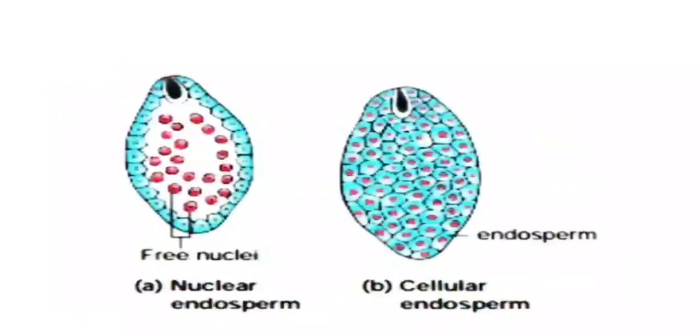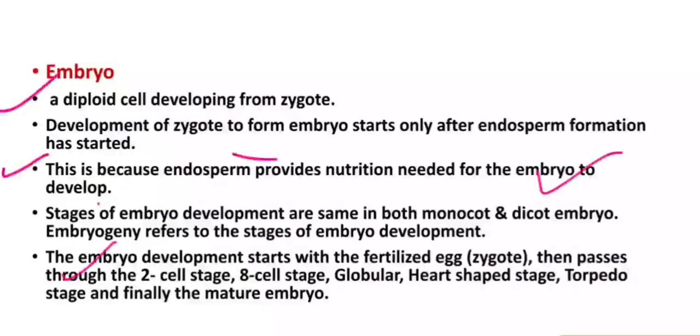Now next is the embryo. How does the zygote convert into an embryo? The process by which the zygote converts into an embryo is known as embryogenesis. A diploid zygote is formed by the fusion of a haploid male gamete with a haploid female gamete. This diploid zygote will divide to form the embryo after the endosperm formation has started, because this developing zygote will take nutrition from the endosperm.